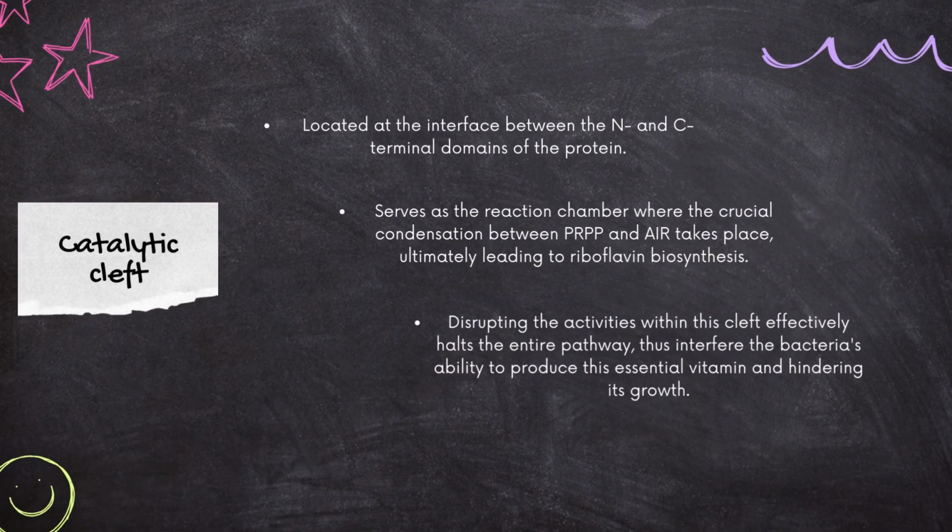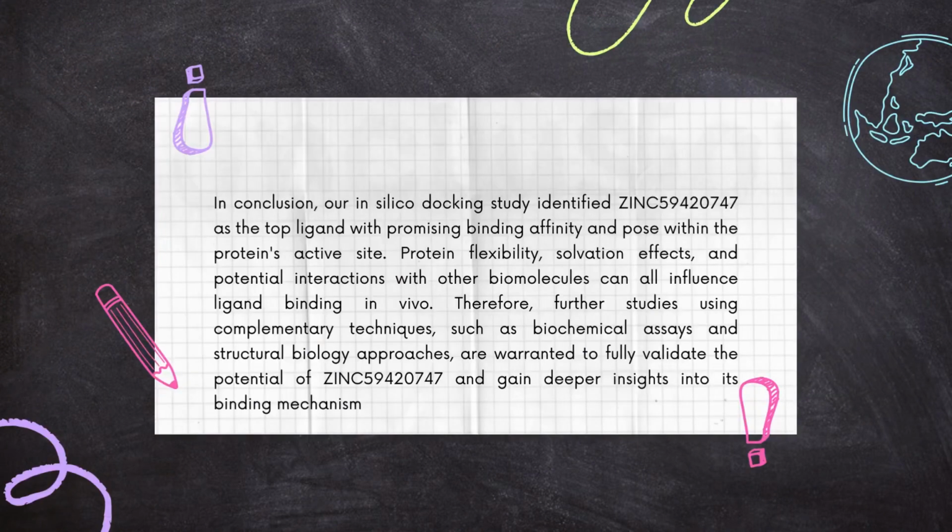The most important catalytic cleft, which holds both the PRPP and AIR for the condensation process that will then lead to the biosynthesis of riboflavin, is found at the interface between the N and C terminal domains of the protein. Therefore, the bacteria's ability to produce riboflavin and grow can be terminated by focusing on the disruption of the enzymatic activity that occurs in this binding site via ligand binding.